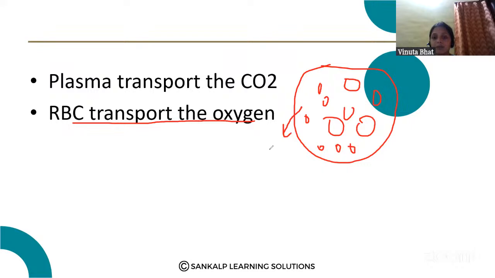The plasma carries the carbon dioxide and some nutrients also, and RBC transports the oxygen, because it contains hemoglobin. Hemoglobin binds the oxygen, as it has an affinity towards the oxygen.